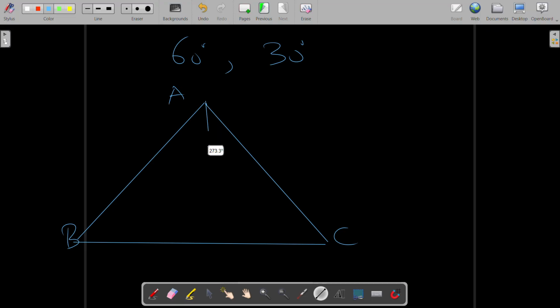We draw the median. This can be proved, and this is 90 degrees. First, all these three angles are 60 degrees. We can prove that this angle is 90 degrees.